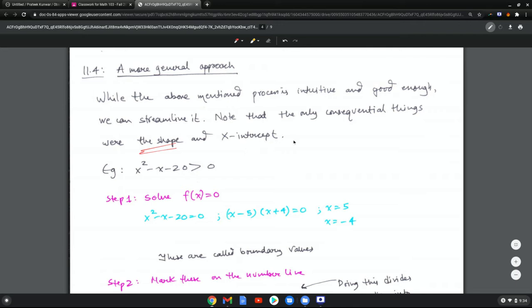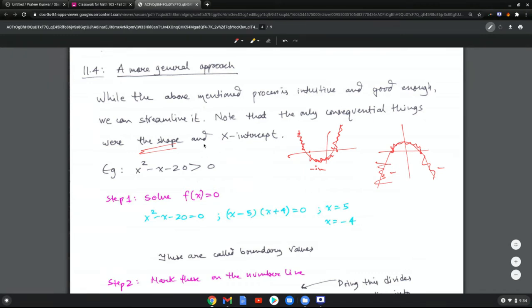That's enough to determine, for example, if you have the x-intercept and the shape is going upwards, then these upward arms are where it's positive, and the bowl shaped thing is where it's negative. Whereas with the same x-intercept, if it was downward facing, then the bowl area is where it's positive and the arm area is where it is negative. So these are the only two things that matter.